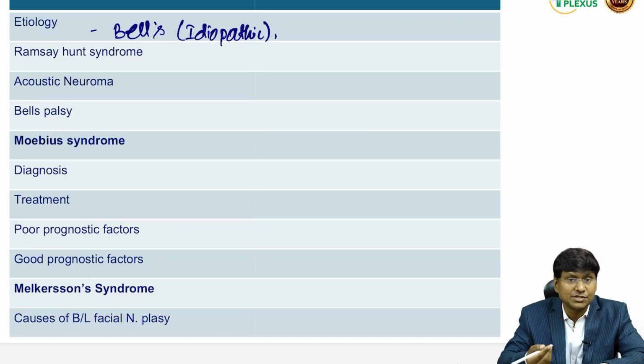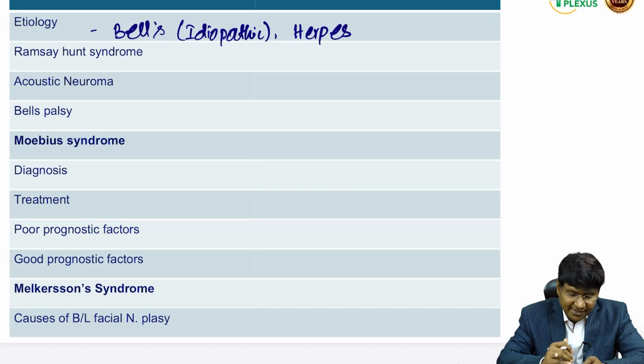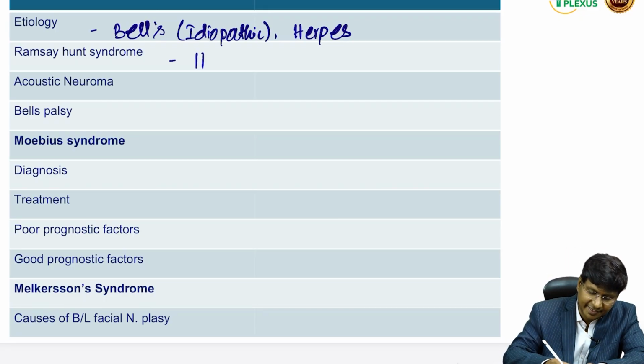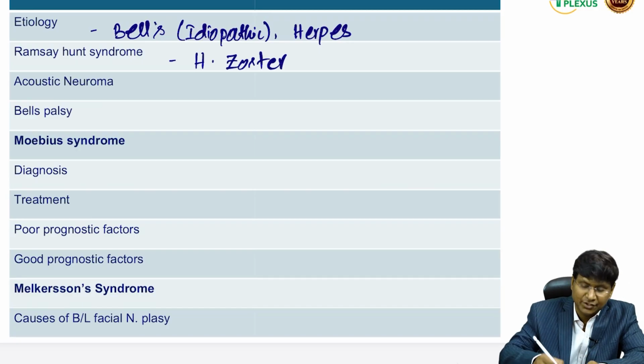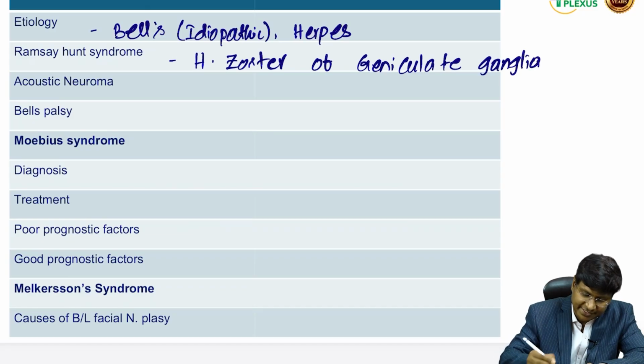And the other causes of the facial nerve palsy include the herpes infection and then Ramsay-Hunt syndrome. What is this Ramsay-Hunt syndrome? It is the herpes zoster infection of the geniculate ganglia. So this is what is the Ramsay-Hunt syndrome.